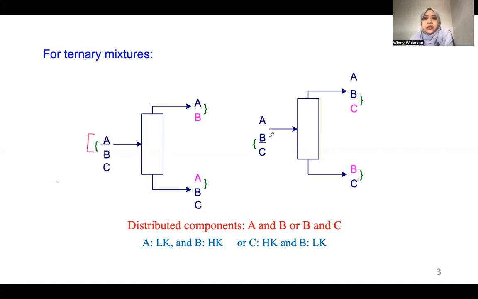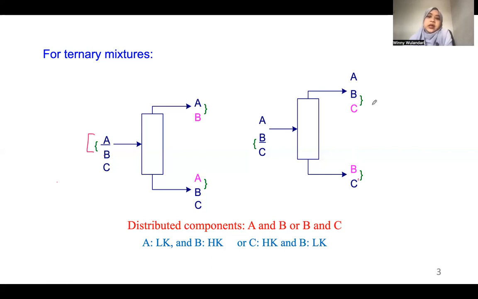Okay, so let's see this one. We have A, B, and C, but we want a product where we take most of the A and B. So in this case, A and B would appear in the distillate, with a little bit of B still distributed in the bottom product. And then we have a little bit of C distributed in the distillate, and most of the C will go into the bottom product.